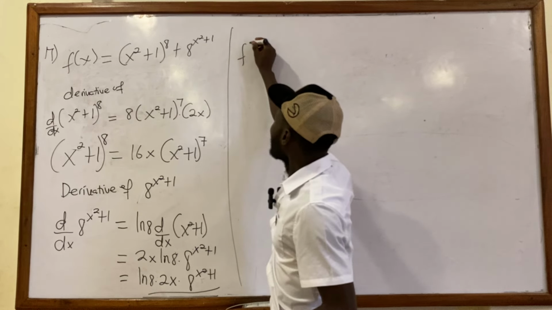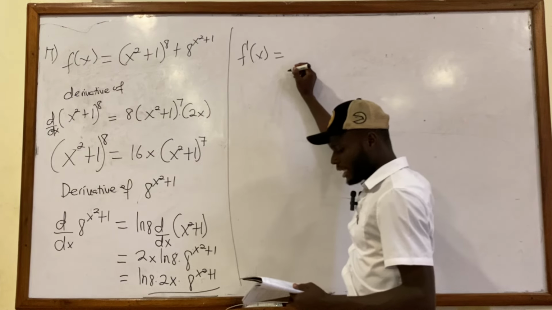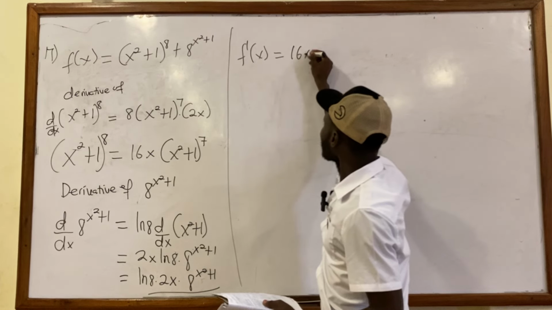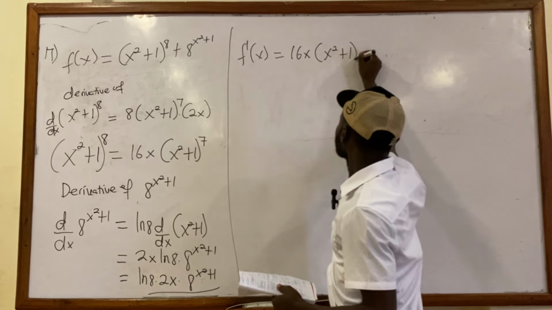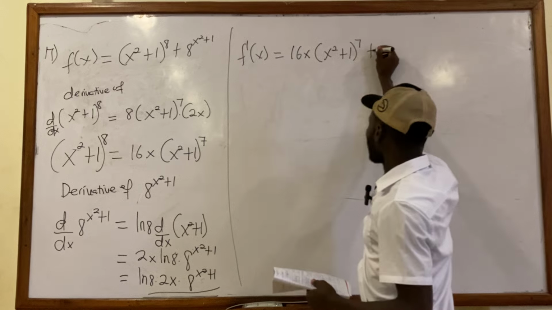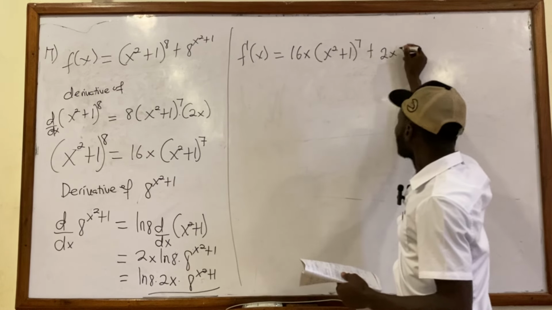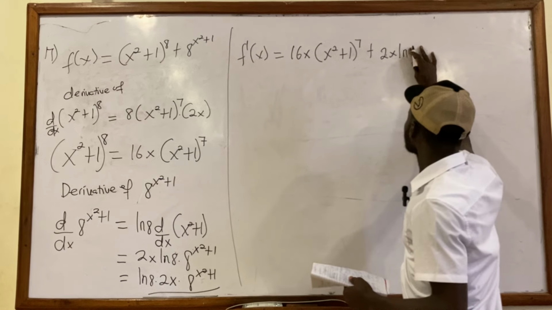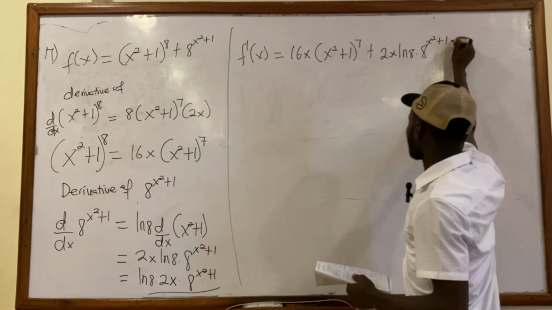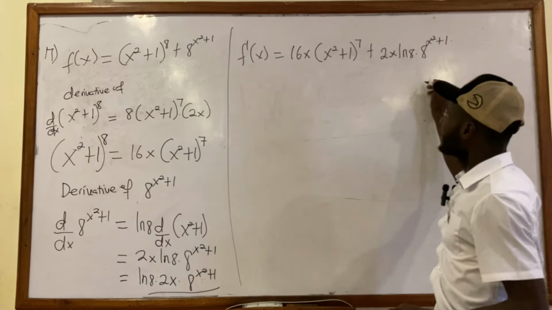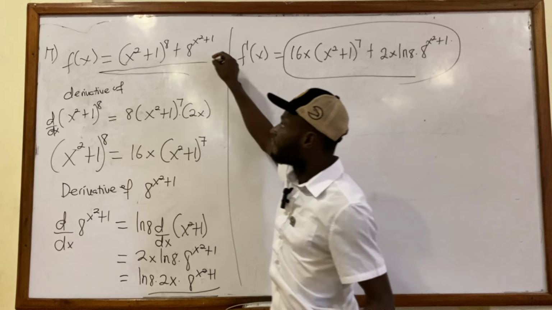The first derivative of f of x is equal to 16x times (x squared plus 1) to the power 7 plus 2x ln 8 times 8 to the power x squared plus 1. All right, so this becomes our first derivative to this particular function.